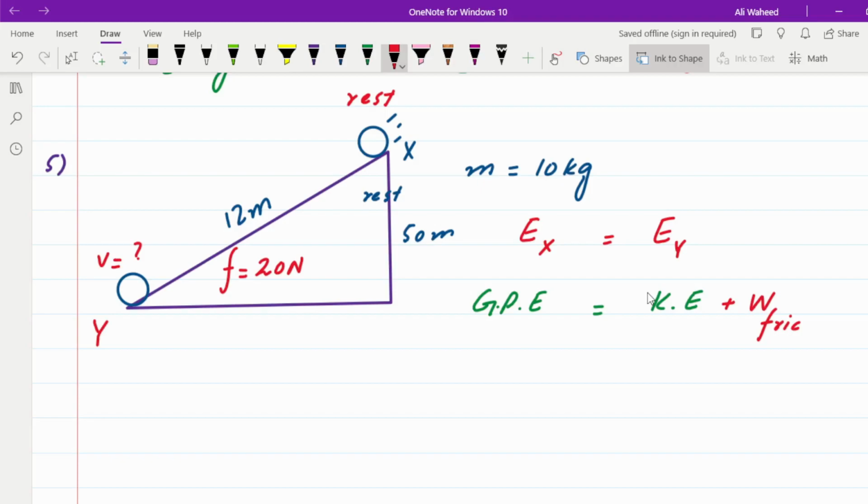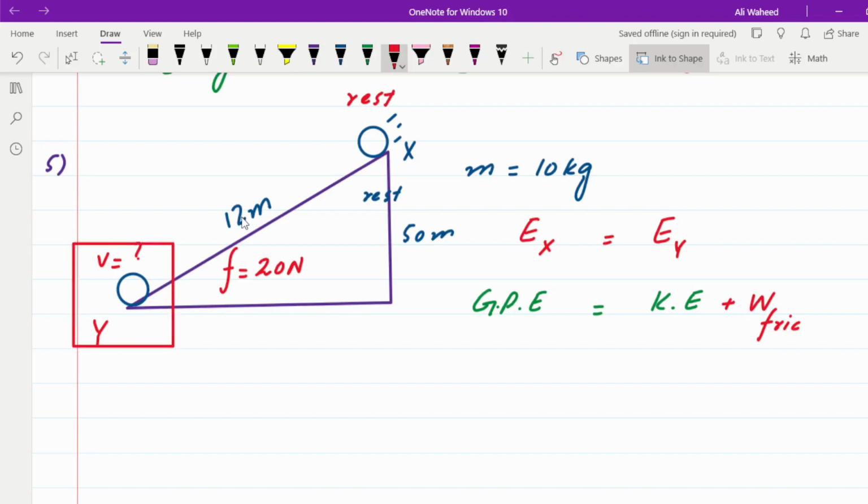But think about it, the work done against friction would feel to you in the form of heat. So if you think about it, the ball is at rest at this point, the sphere is at rest, and after rolling down the slope, the sphere reaches the point Y.